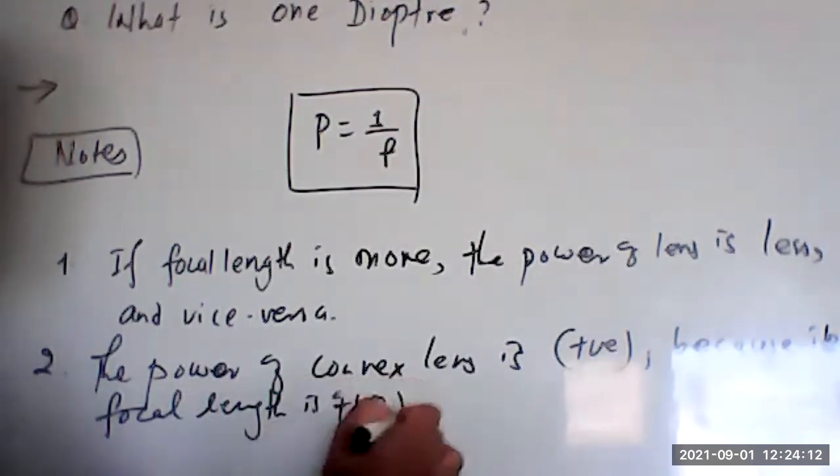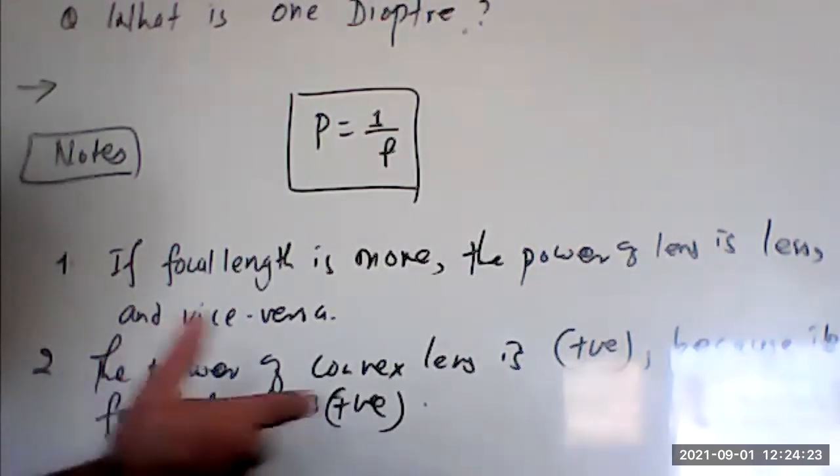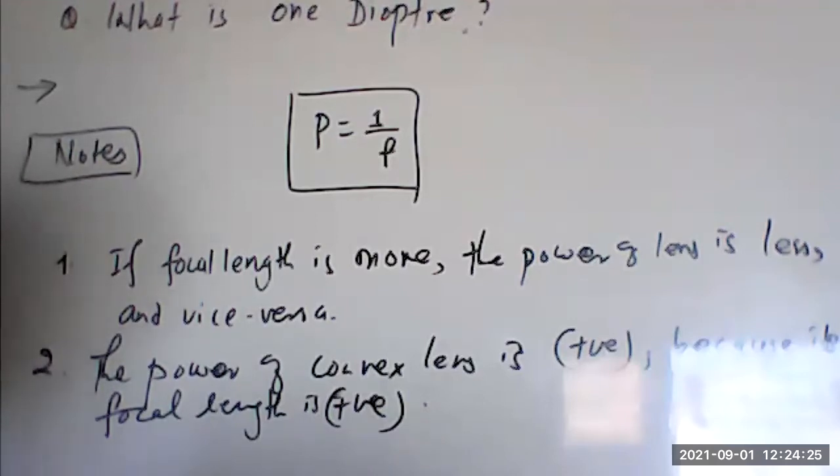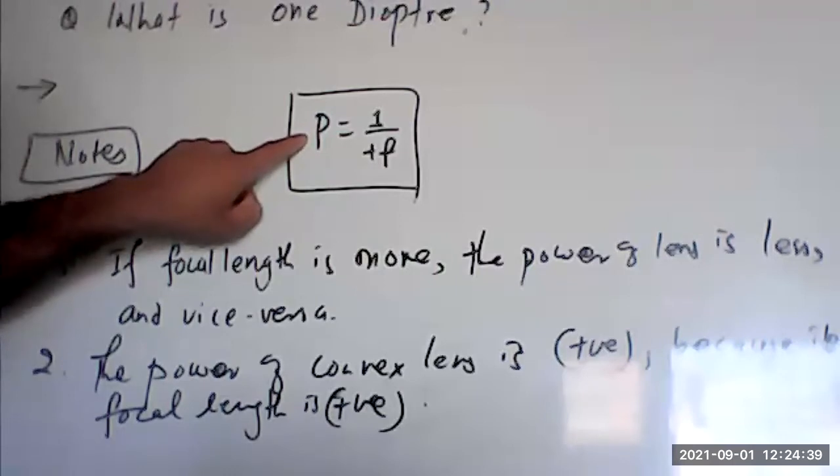I think yesterday we studied that the focal length of the convex lens is positive because its focus is formed on the positive axis, and the focal length of a concave lens is negative because its focus is formed on the negative axis. Now that idea is utilized here. The focal length of a convex lens is positive, which means the power is positive.